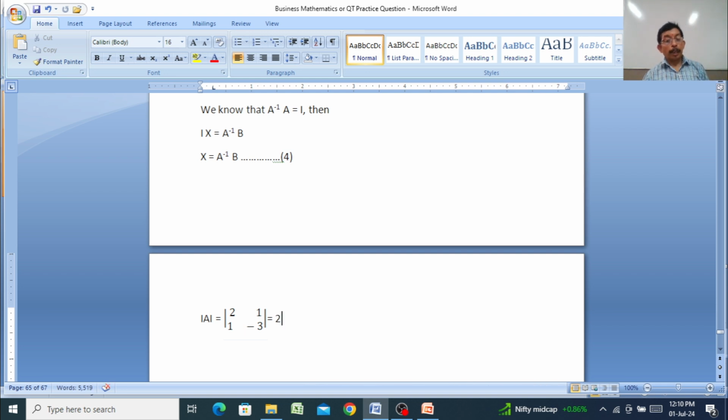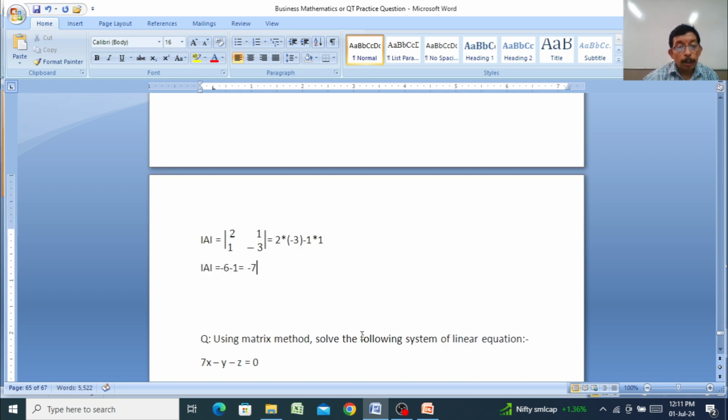The determinant of second order is the difference of the cross multiplication. Then 2 multiplied by minus 3, minus 1 multiplied by 1, that is minus 6 minus 1. Then the result comes to minus 7.